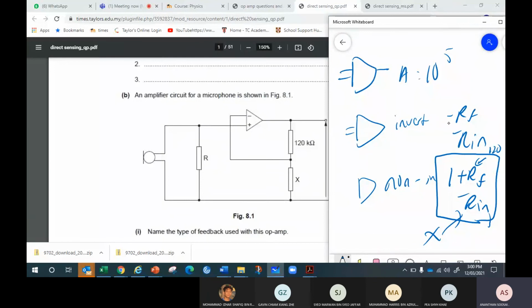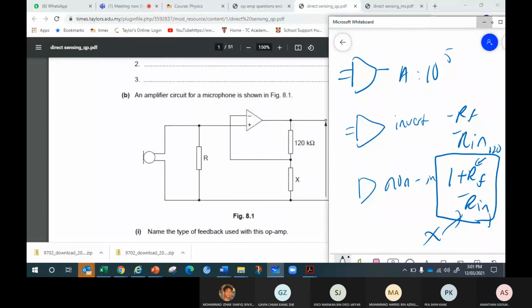Don't wrongly choose another gain formula, or everything will be wrong. To find which gain formula to use, you must identify whether it is a comparator, inverting amplifier, or non-inverting amplifier. This is a non-inverting amplifier because there is a feedback and the input is at positive.